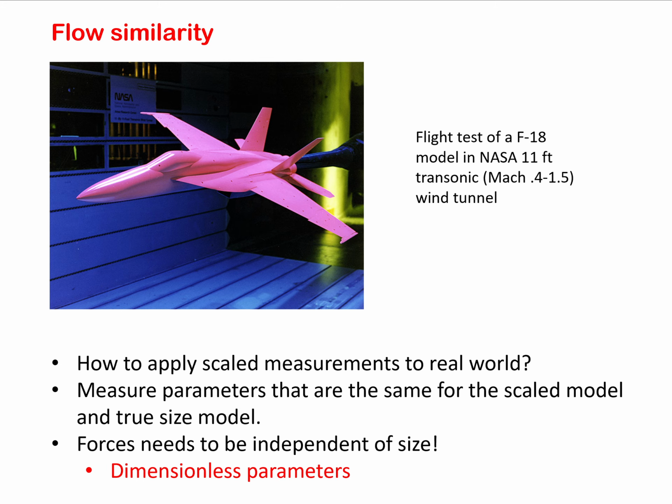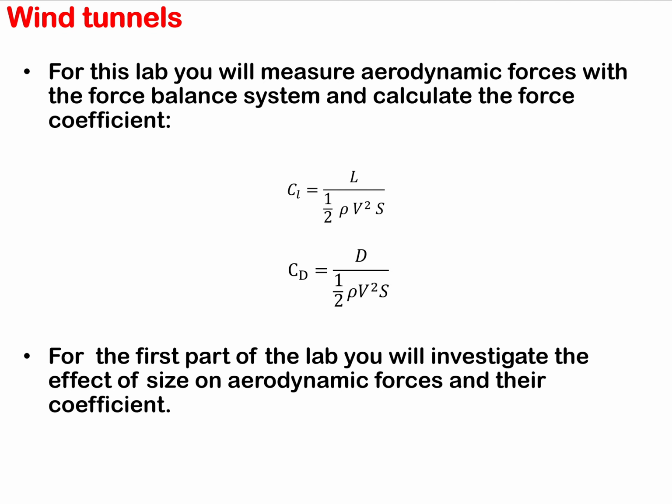That's the idea. So the goal is to come up with dimensionless parameters. And we have seen dimensionless parameters in fluids, like you can think of Reynolds numbers. It's the most famous dimensionless parameter. So we have to replace our force with a dimensionless parameter that can be used independent for a specific flow condition, for a specific geometry, independent of the size of your vehicle.